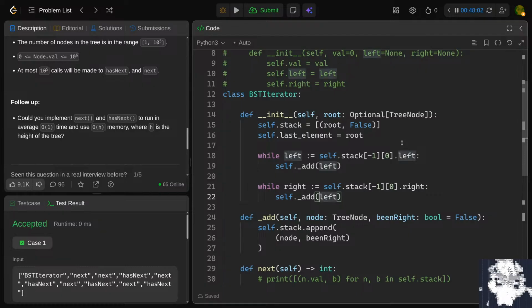While you can go right, self.last element... oh, not like that though.